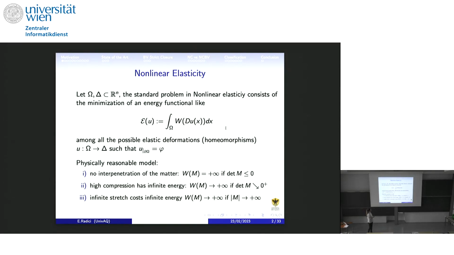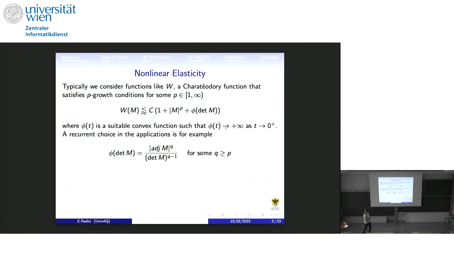So you ask the energy to again blow up whenever the determinant goes to 0, or when the deformation stretches to plus infinity, or even when the determinant goes to infinity. Again, this is not new, hopefully, for you.